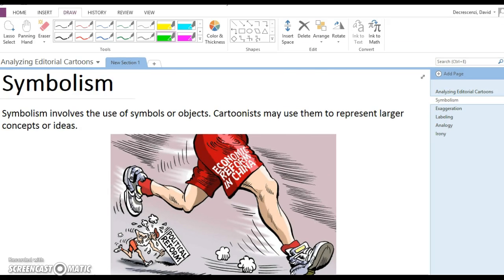One element that a cartoonist might use in creating editorial cartoons is symbolism. It involves the use of symbols or objects. Cartoonists may use them to represent larger concepts or ideas. If we look at our cartoon below, we can see that the cartoonist has chosen to use 2 runners as symbols.